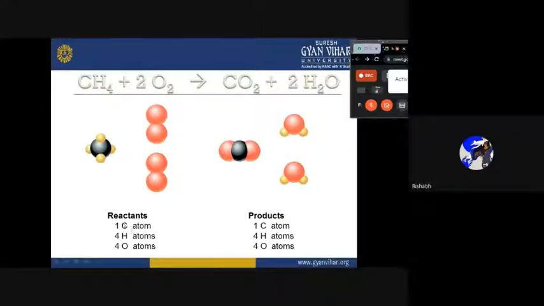Okay, so one carbon atom on reactant side as well as the product side. 4 hydrogen atoms on the reactant side as well as on the product side, and 4 oxygen atoms on the reactant side as well as on the product side.